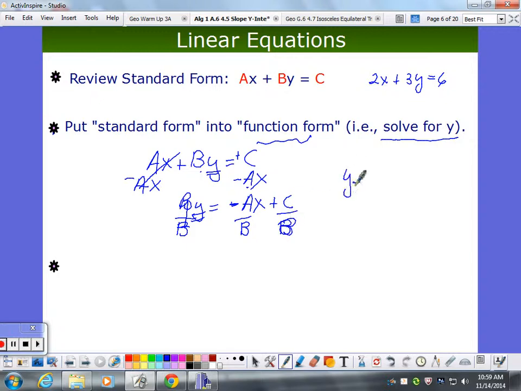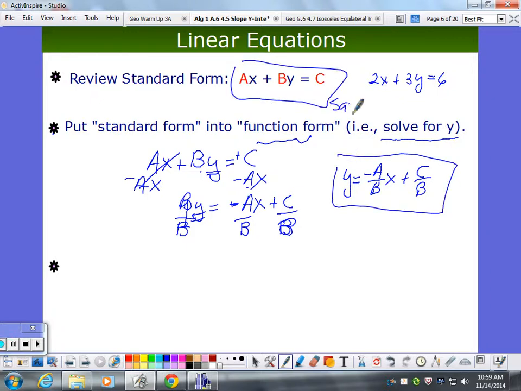I get y equals negative a over b x plus c over b. So this and this are the same thing, just written in two different ways. So if this graph's a line, what is this graph? A line. It's the same thing. Yes, sir?